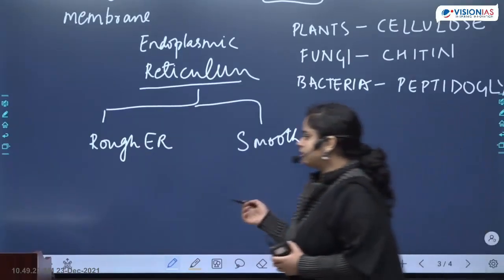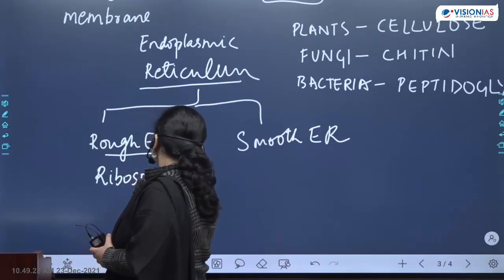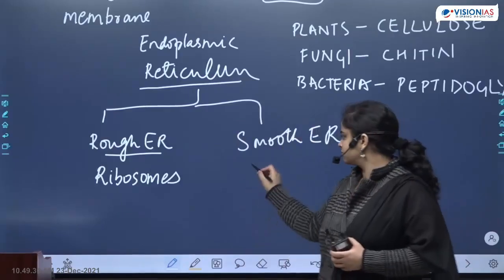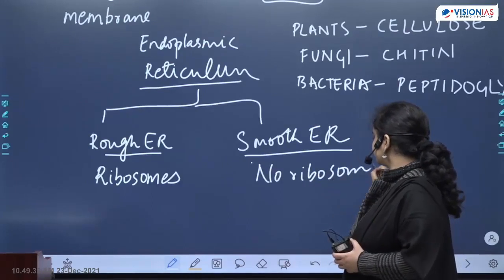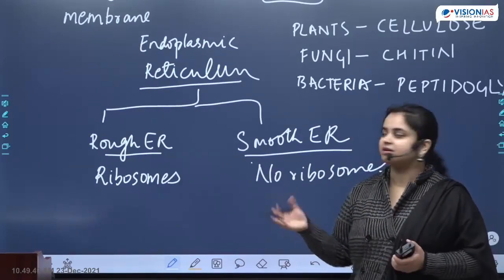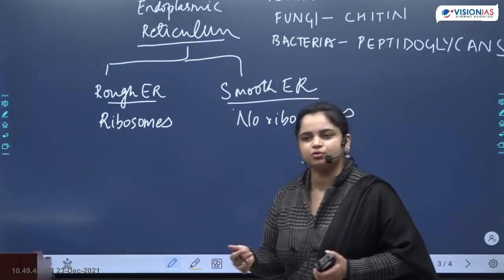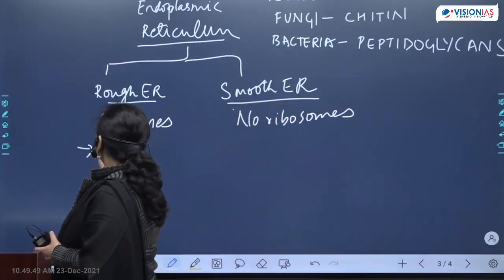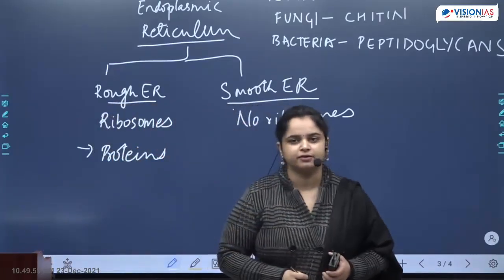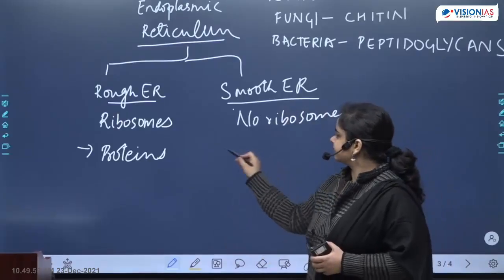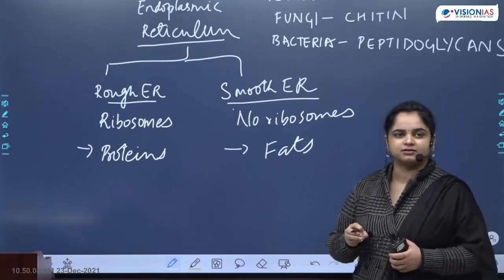So depending on the availability of ribosomes, we can also see a variation in function. When the endoplasmic reticulum contains the ribosomes, and we know ribosomes produce proteins, that would mean rough endoplasmic reticulum is also involved with production of proteins in a way. And the smooth one, because it has no ribosomes, is involved with fats.